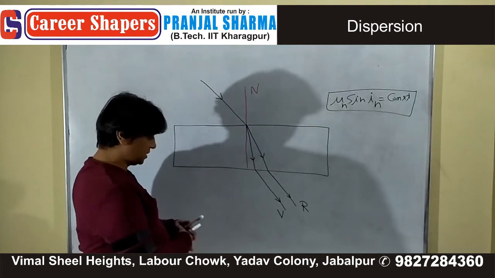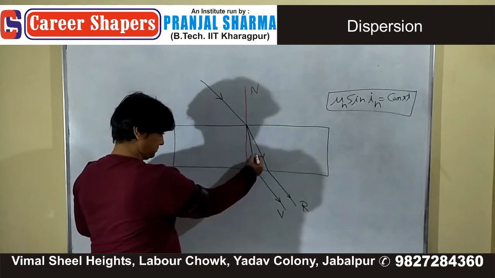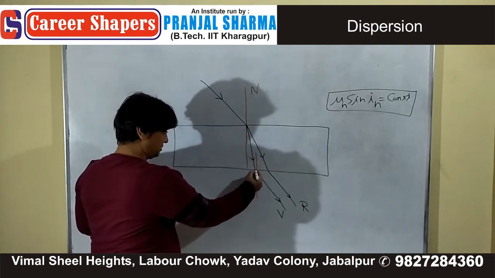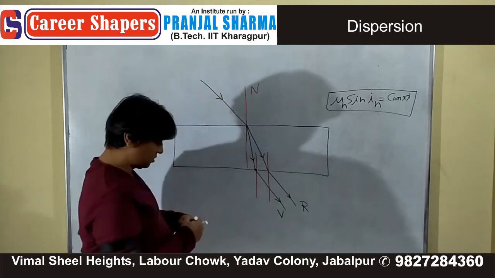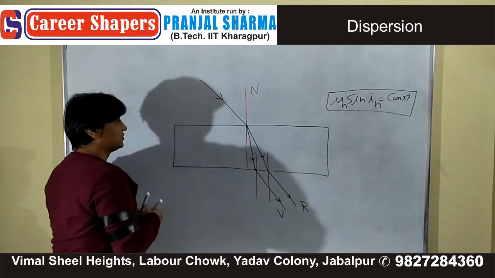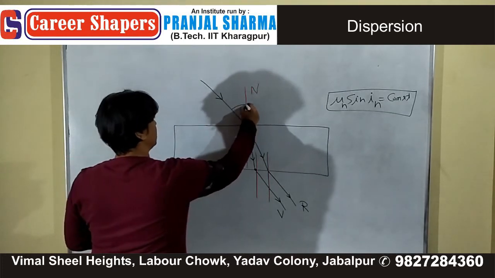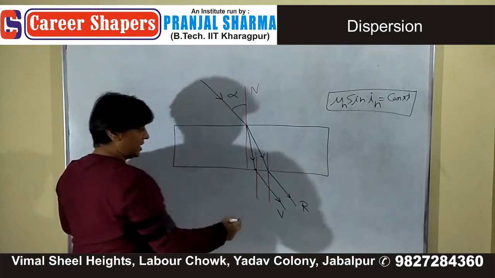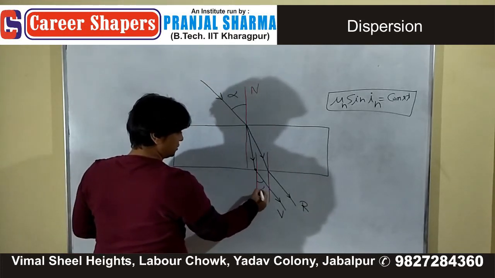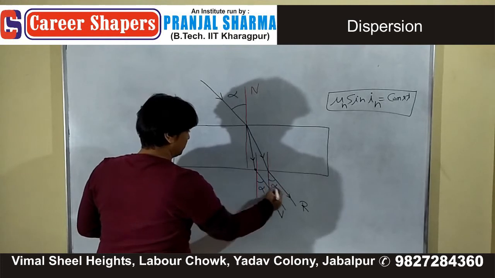This is air, and therefore as light finally comes out, if you say that that's a normal, this is another normal, and this angle is, let's say, alpha, then this is also alpha and this is also alpha.